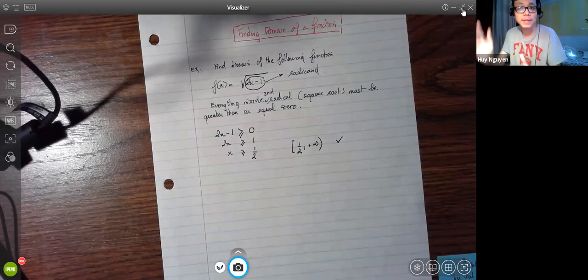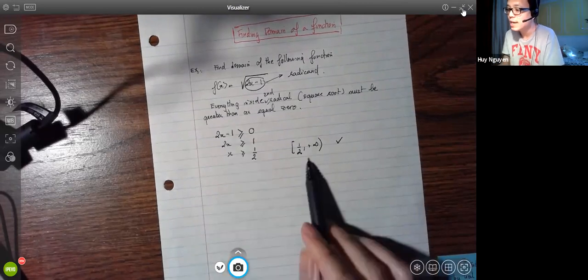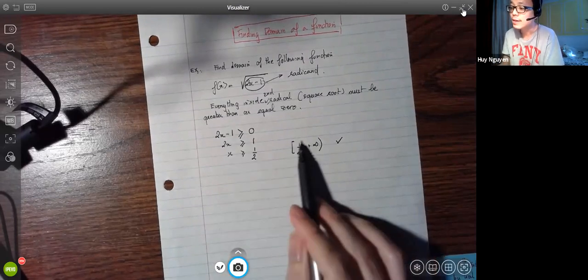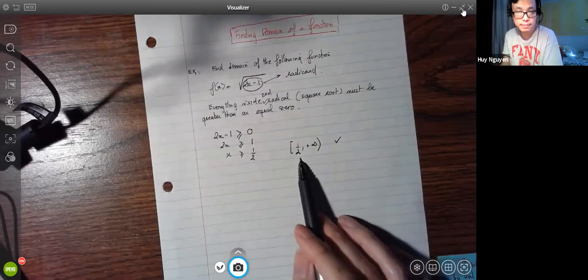Lou said at the beginning of the course that all the x values are the domain, but in reality, it's not. Of course, for some functions, yes, but not all functions. So in this function, only the x values greater than or equal to 1/2 are the domain.